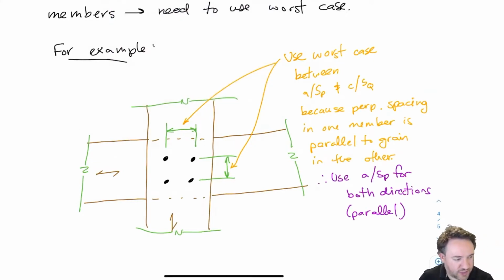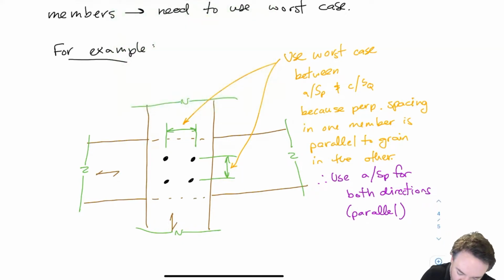So the perpendicular to grain spacing in one is the parallel in the other. And when I say A/SP, I mean it's A in 08614 and it's called SP in 08619. So I'm just putting both there together. So I'm going to use the parallel to grain spacing for both of those directions.